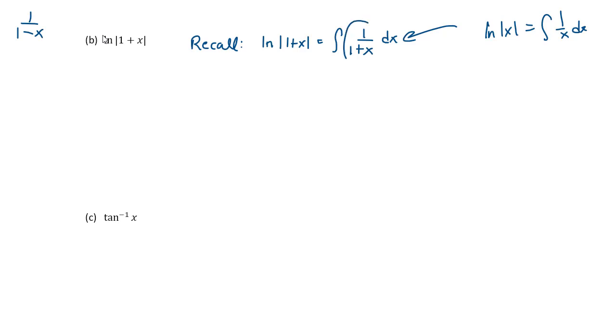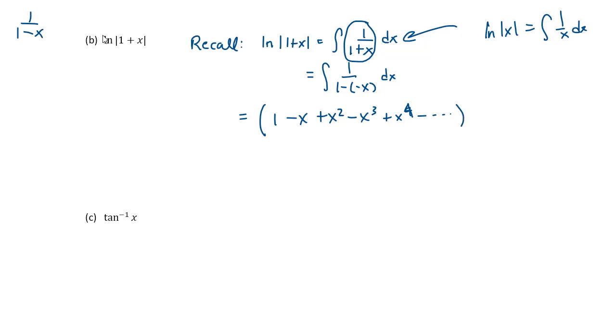And then I know I can do this, which would be the integral of 1 over 1 minus a minus x dx. Which means the integral of 1 minus x plus x squared minus x cubed plus x to the fourth, right? By putting a minus in here, it turns into an alternating series. But then I'm going to integrate.